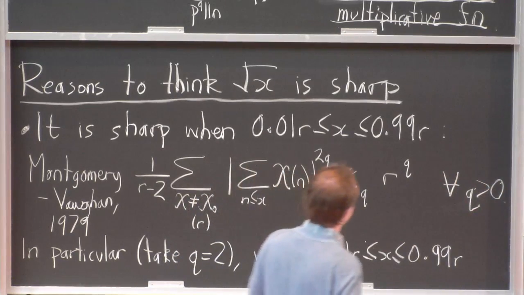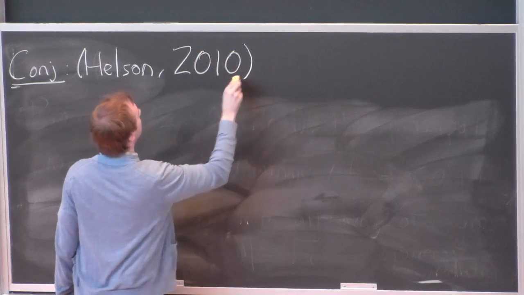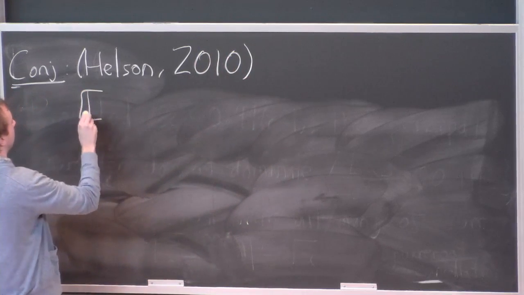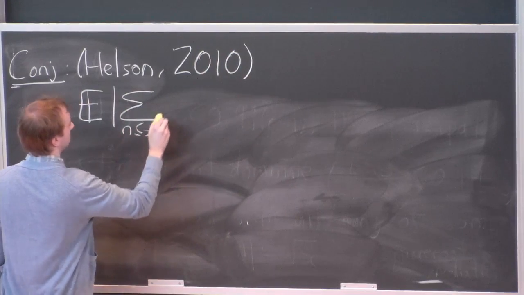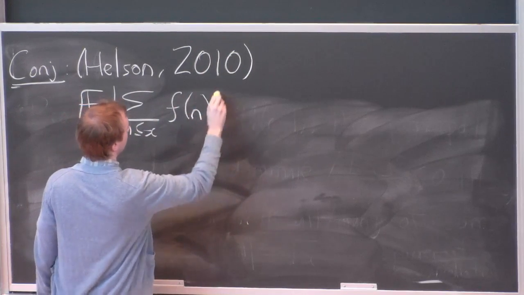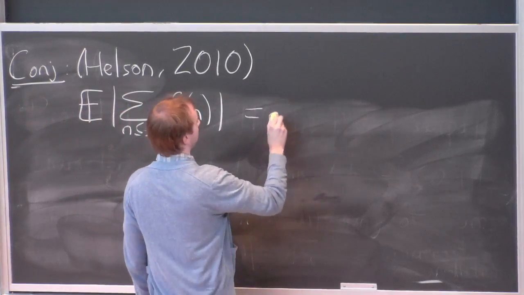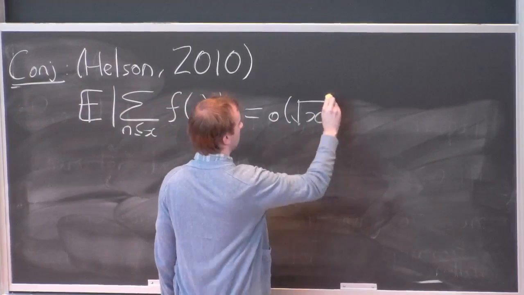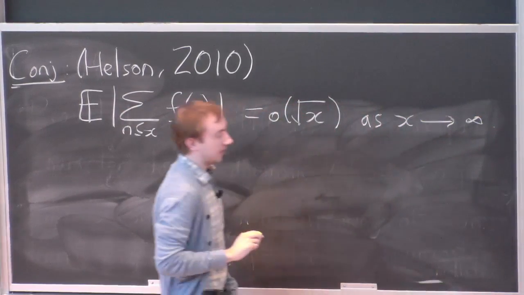And in this setting, there's a conjecture of Helson from 2010, which is that if you look at the L1 norm, so here the L1 norm is just the expectation of the absolute value, this should be little o of square root x as x tends to infinity.